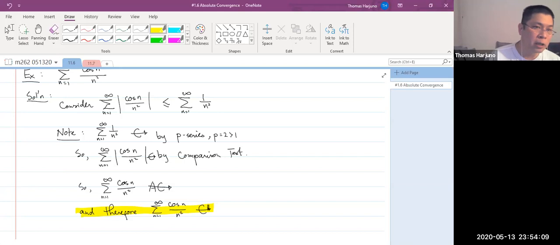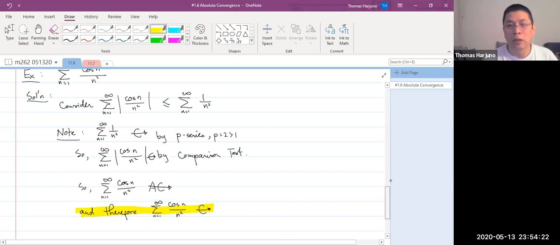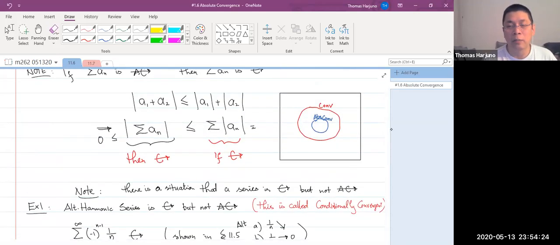On the other hand, simply because it is not absolutely convergent doesn't mean it is divergent. If you look at this diagram, simply because it is not in absolute convergence doesn't mean it is outside.